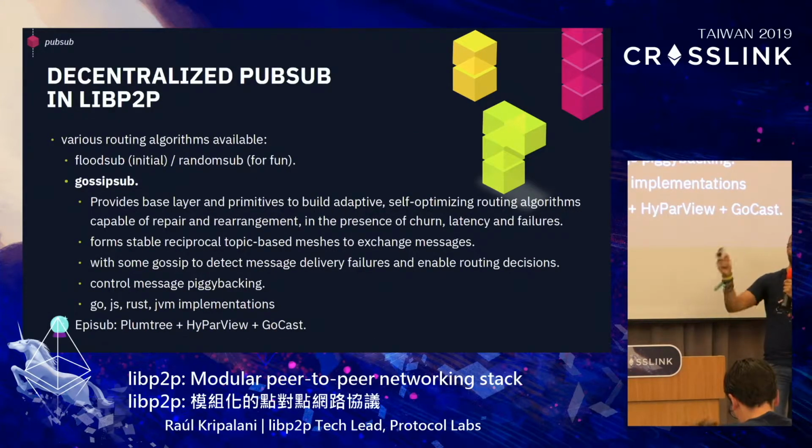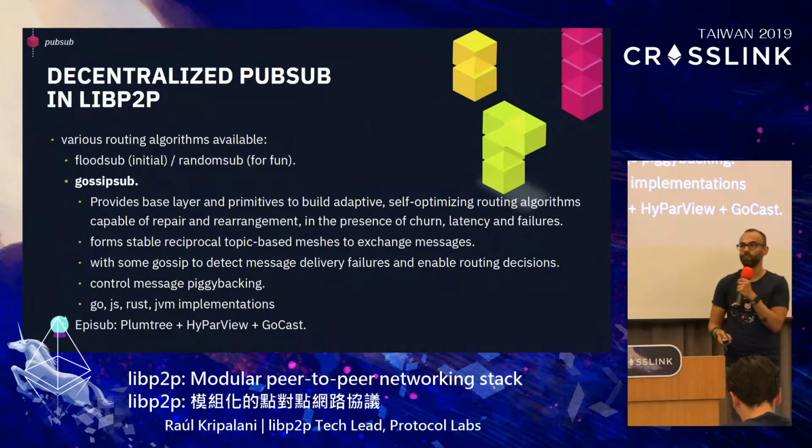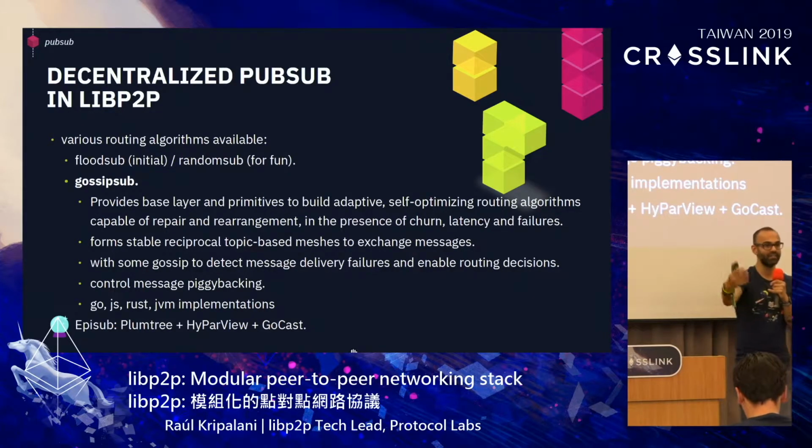The libp2p stack provides 2 different routers for now. For PubSub, we've got FloodSub, which is a very naive router, and we've got GossipSub, which is the thing that Ethereum 2.0 is building on. And GossipSub provides a base layer of primitives to build adaptive, self-optimizing and resilient PubSub networks. It is not a solution by itself.